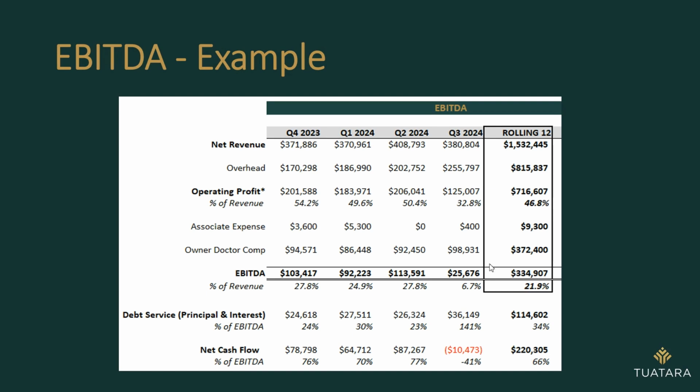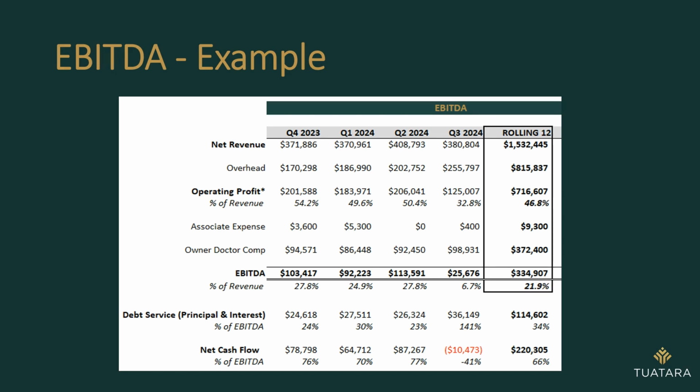One more time, EBITDA is calculated after considering the owner's doctor or clinical compensation. So you can see once again that this owner is estimating, this is just an estimate in this case, that their clinical compensation would be about $372,000. Their EBITDA of $334,000 considers that.